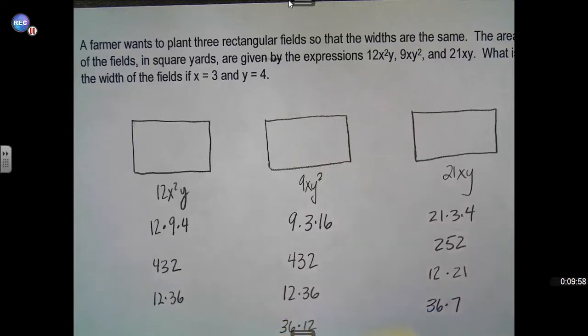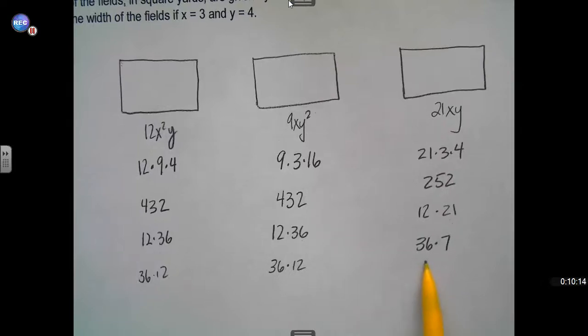So what I did was, with the 12 times 21, obviously there's another common factor they have. 21 has a 3, 36 has a 3. And so I changed this one to 36 times 7 instead of 12 times 21. I could have used the factors I did above, but that's not their greatest common factor.